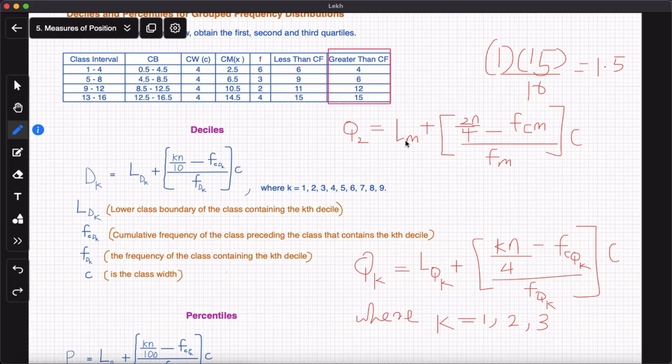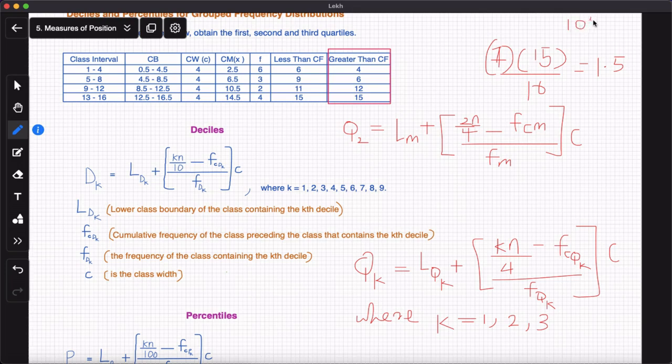It's similar for all the deciles. So if for instance we are not interested in the first decile, but maybe the 7th decile, then I would have to put 7 here multiplied by 15, and that will give us 105.